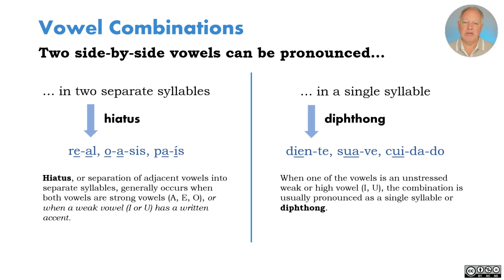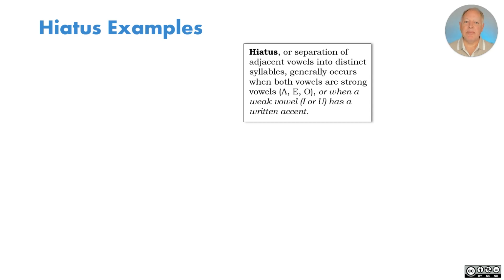Another word that means careful or care, cuidado. That first syllable has a diphthong. The combination of those two vowels, in this case, they both happen to be high vowels, U and I, into a single syllable, cuidado.